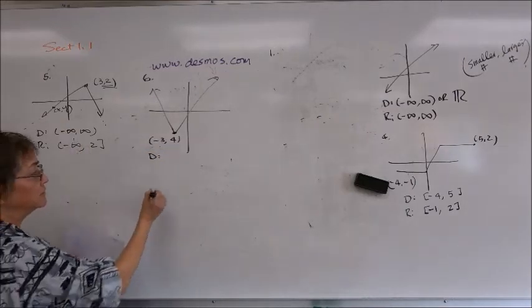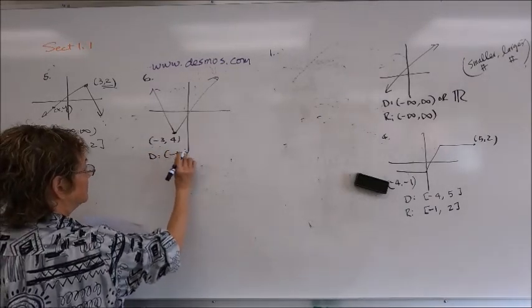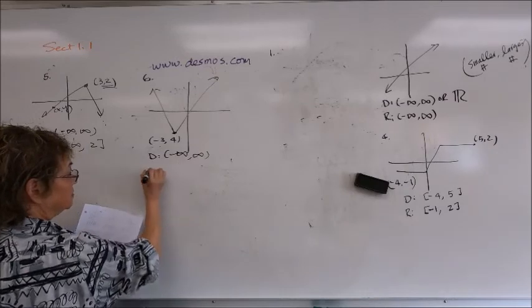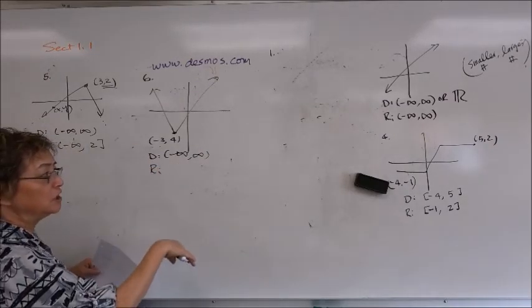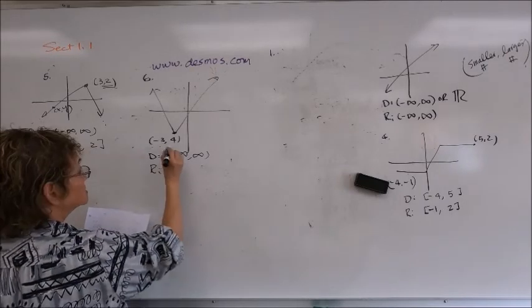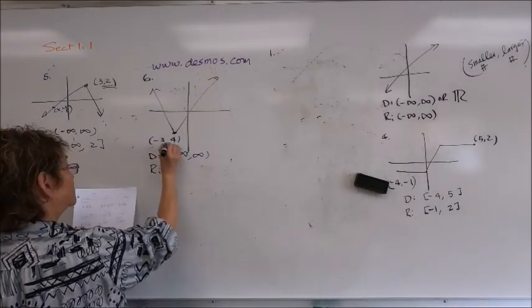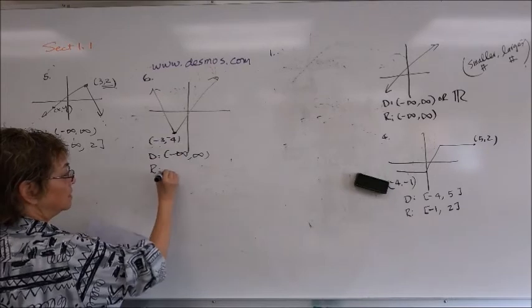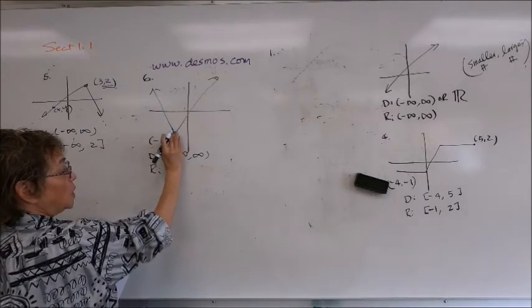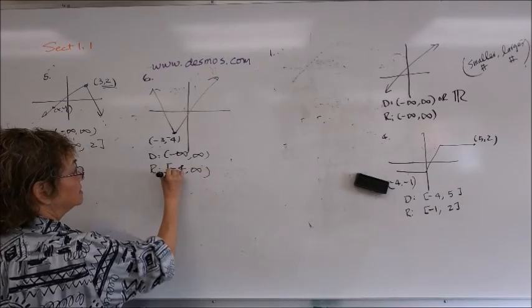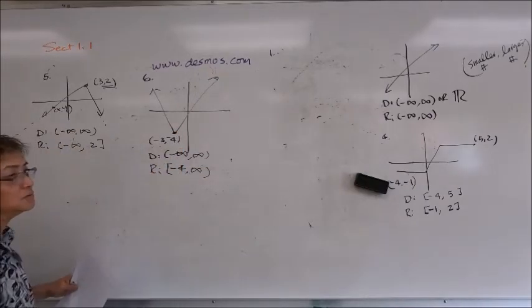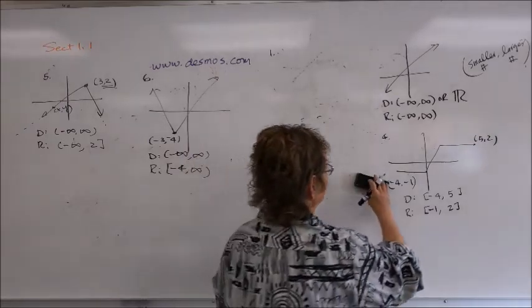How far you can go left and right? -infinity, infinity, right? Range, all the y value, possibly how far you can go up and down. So, oops, that's a -4. So that will be what? From -4 all the way up to infinity. Then inclusive, including this point. So you will write it with bracket.